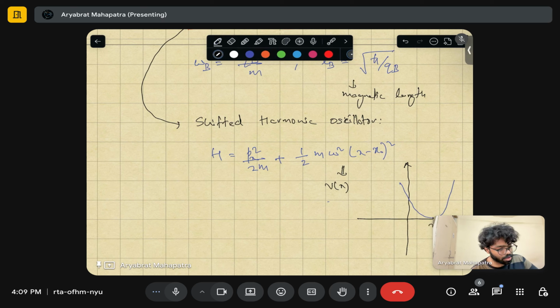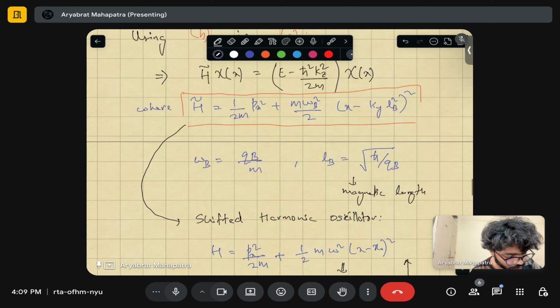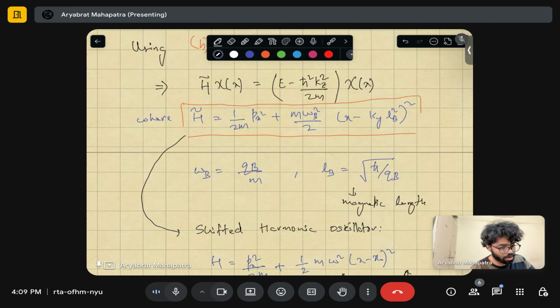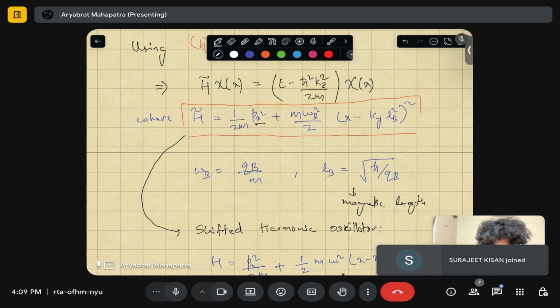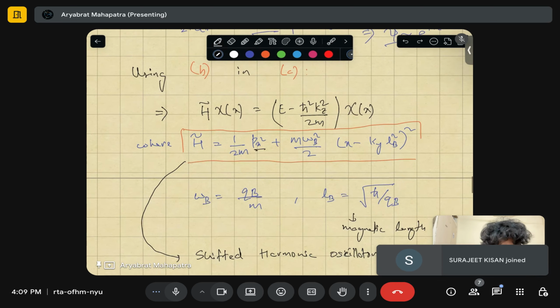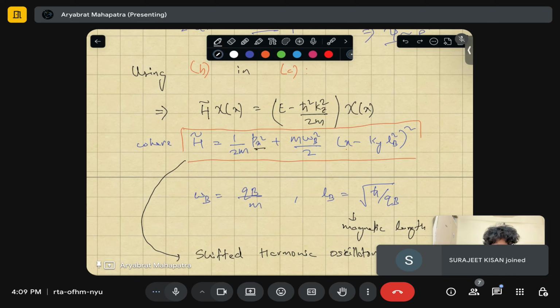Usually you find the harmonic oscillator potential symmetric about zero, but now this is shifted. So the mean position of the usual harmonic oscillator is now shifted by x naught. This is what you can see this Hamiltonian looks like. But you can see that this is only along the x direction.